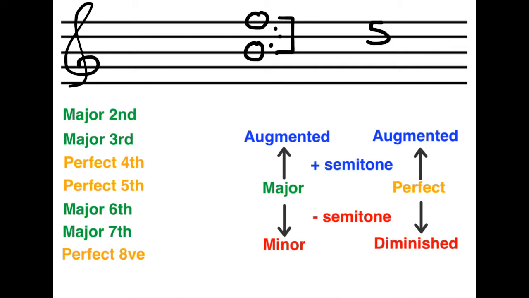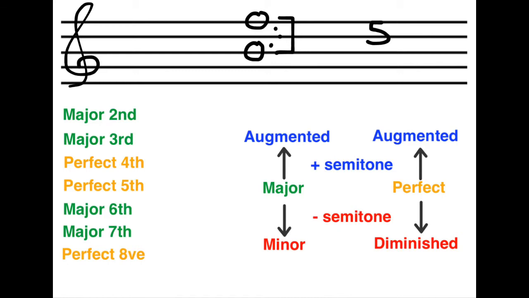Well, does the top note belong to the bottom note's major scale? Okay, so does F belong to the scale of B major? No, it doesn't. B major should have an F sharp in its key signature, so all the Fs in the key of B major, they normally exist as F sharps. Okay, but this is F natural.